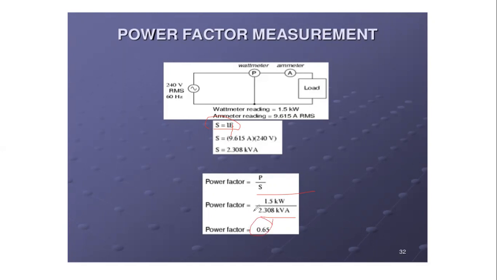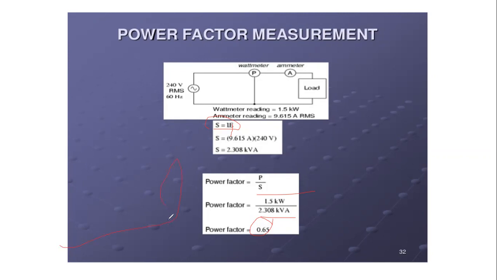What is the moderate power factor? That is 0.8. If the power factor increases or decreases in either case, then the consumer pays penalties or receives incentives for the low and high power factors.